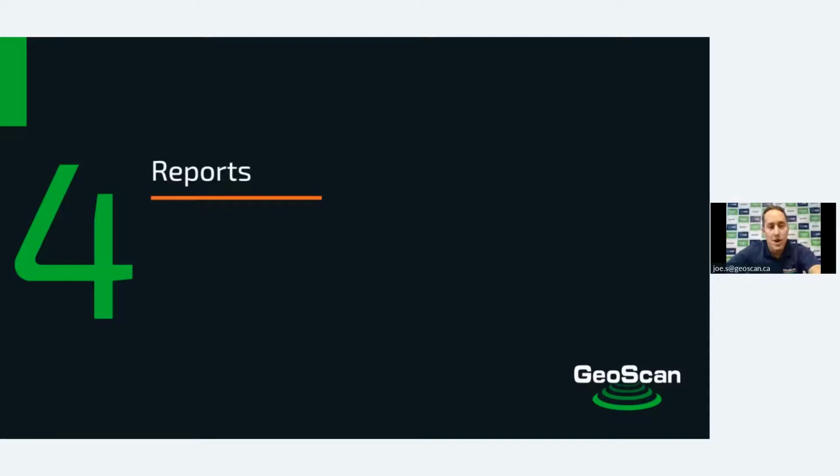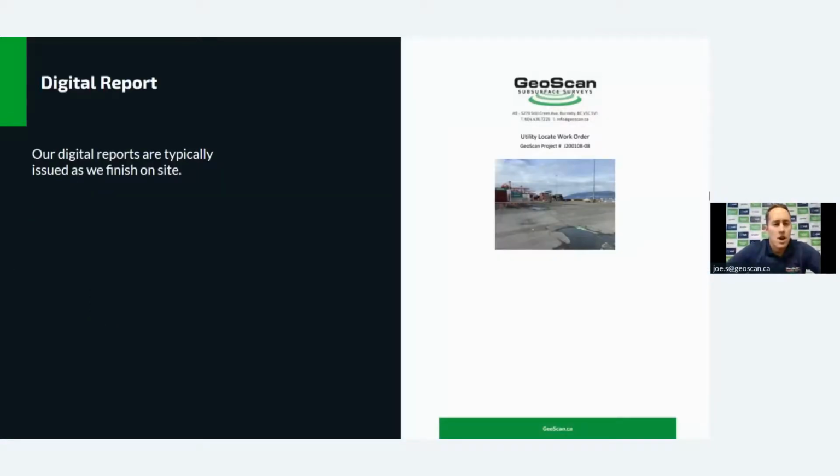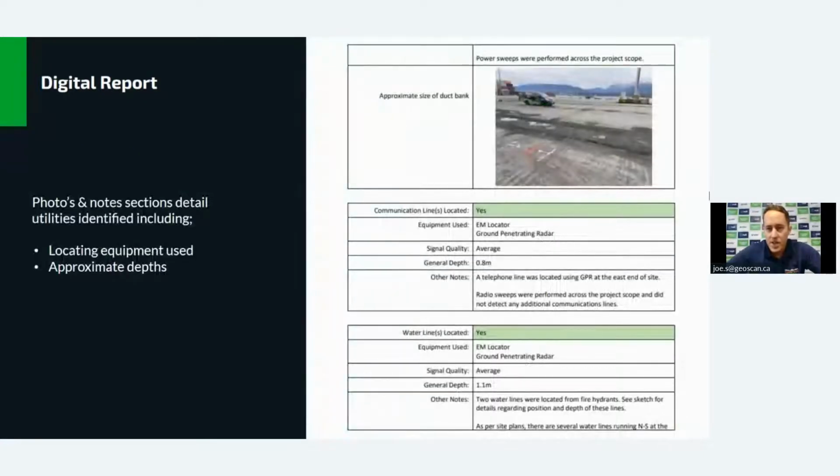Okay, I'm going to move on to talk about some reports that you may expect to see from a utility locating service provider. Digital reports stating where you're working, times that the technicians were there, and accompanied pictures, and then listing every utility line that was located, how it was located, using what equipment, the signal quality, and the depth that it was found at, and then any other notes that are relevant, any issues, any areas that were a problem.